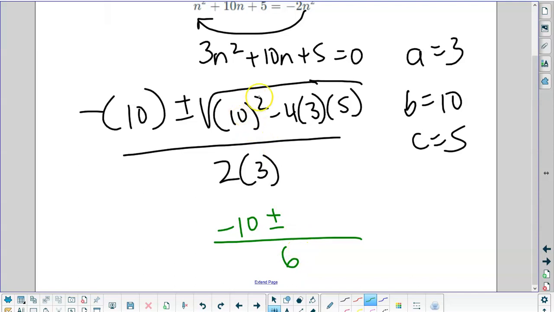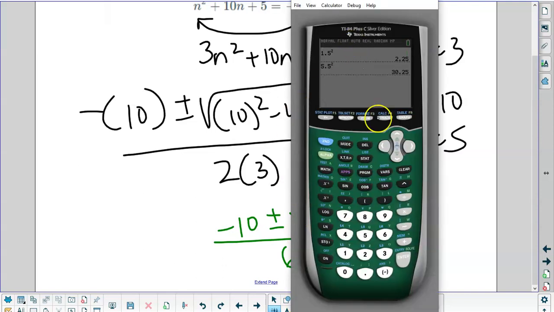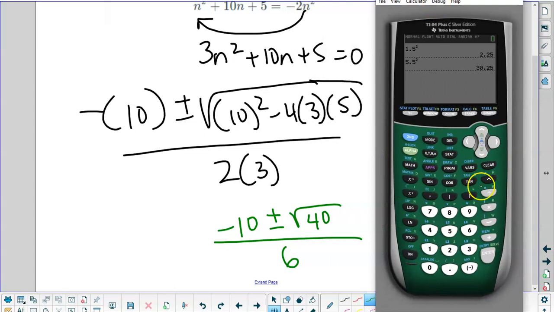And now let's do this. 100 minus, let's see, 4 times 5 is 20. 20 times 3 is 60. 100 minus 60. All right, now, I don't even trust myself. I need to do this on the calculator, just to be sure.